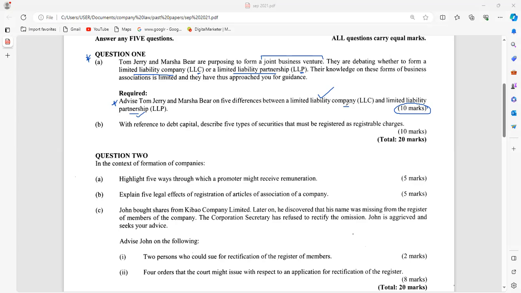One of the differences is in the taxes. Yeah, a limited liability partnership can only be taxed as a partnership, whereas a limited liability company can be taxed as a corporation or a partnership or a sole proprietor.